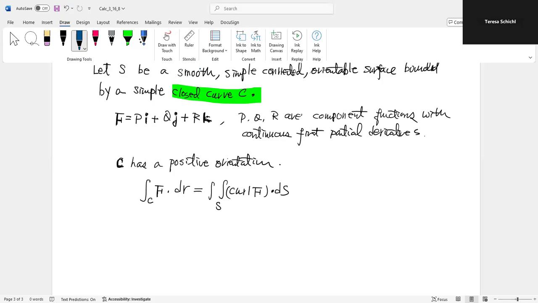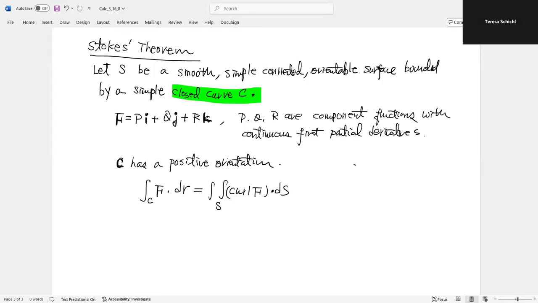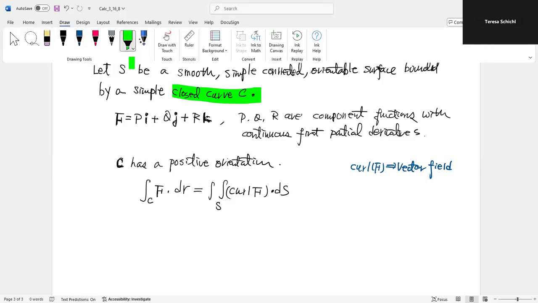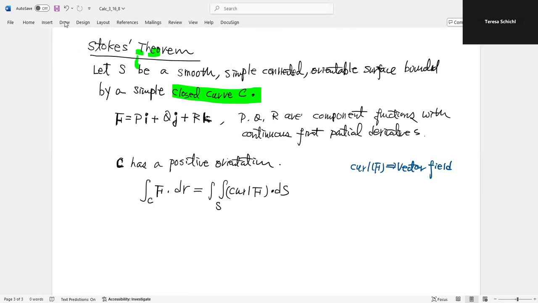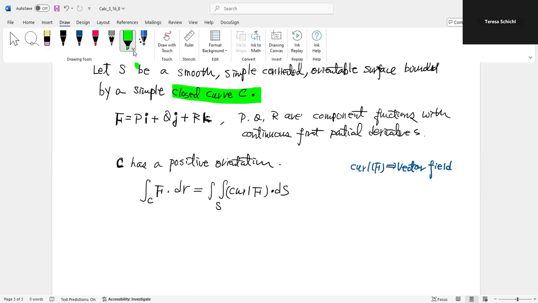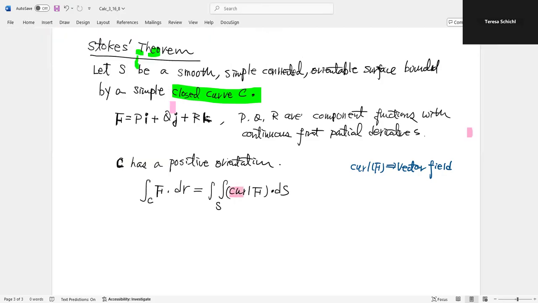So basically, we know the curl of F, and this is a vector field. What do we have here? The curl F dot dS is a surface integration with respect to a vector field, since curl F is a vector field.